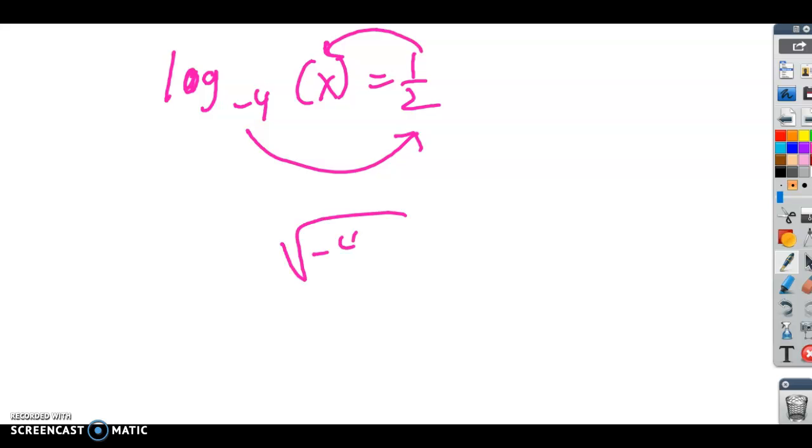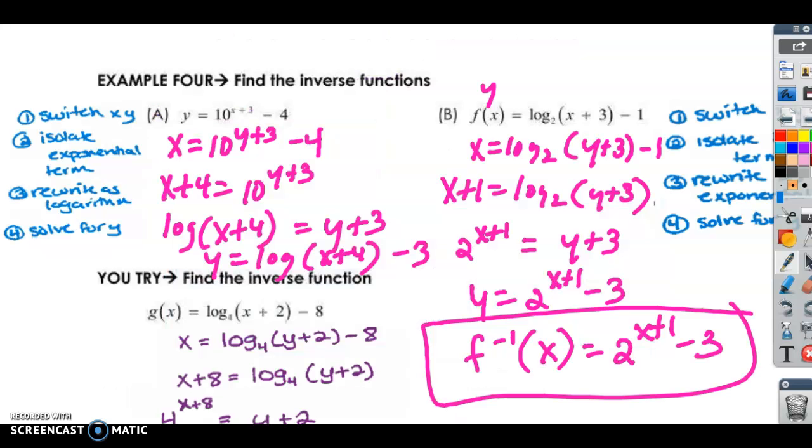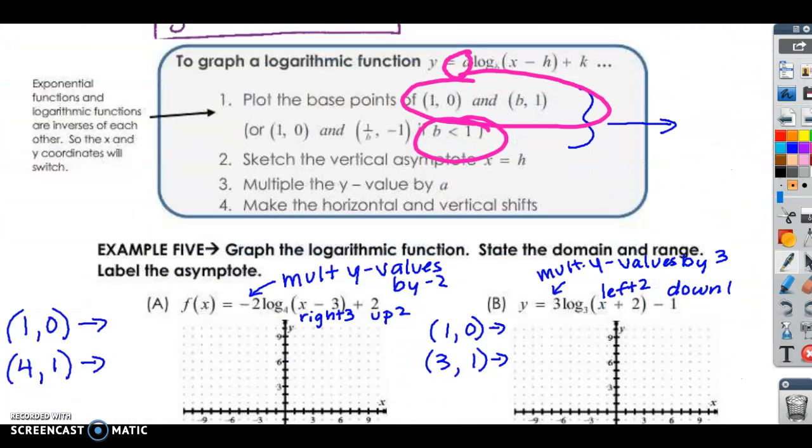That's going to be the square root of -4. Well, wait a second here. That's not going to be a real number. And we're graphing this stuff, so we're not having any negative bases. So when it says b is less than 1, it means between 0 and 1. Okay. So let's go ahead and start.